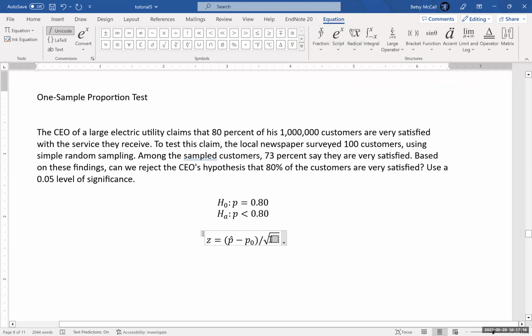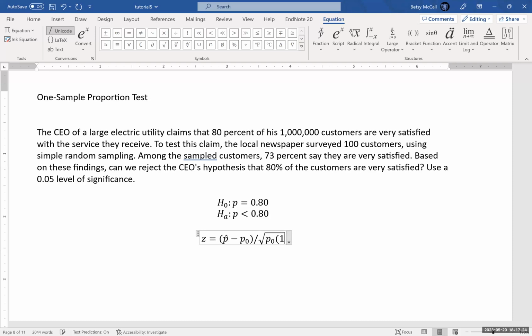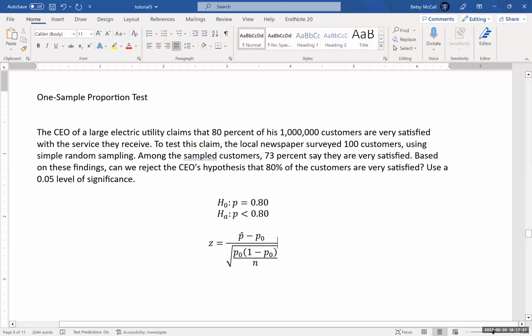And the standard error is calculated from the null hypothesis value times 1 minus the null hypothesis value, divided by n. All right, so now let's go to Excel and finish our calculations.